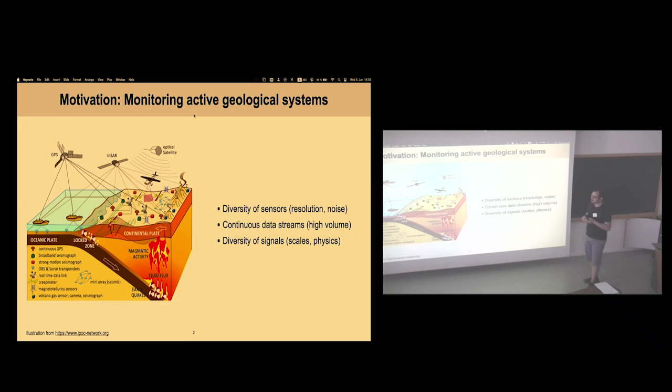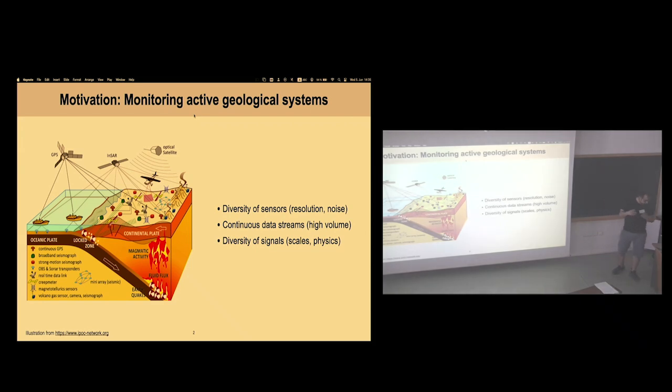And because of these dense networks, we usually have continuous data streams which lead to a high volume of data. And in this region, because it's very active, we usually have a diversity of signals in our data.